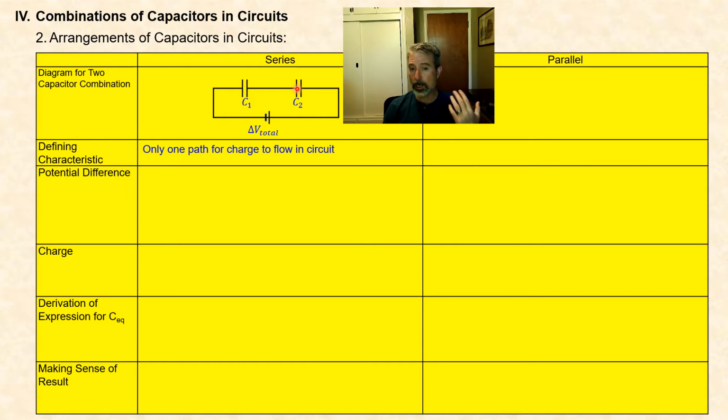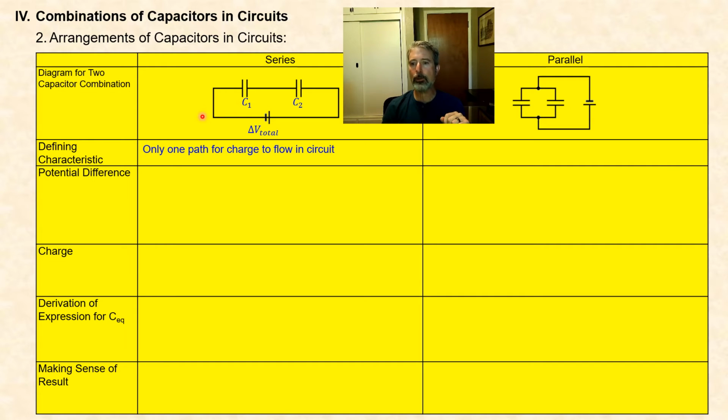Those electrons flow onto the left-hand plate of capacitor 2, in which case an equal amount of electrons will leave the right-hand plate of capacitor 2 and wind up back at the positive terminal of the battery. Do you see that in this process there is only one pathway for electrons to travel in this circuit?